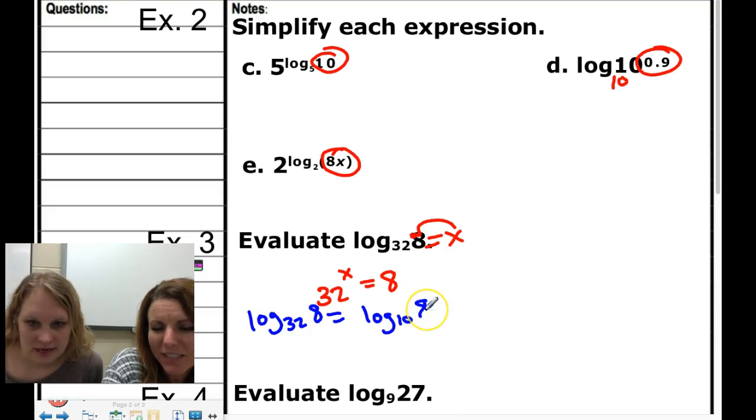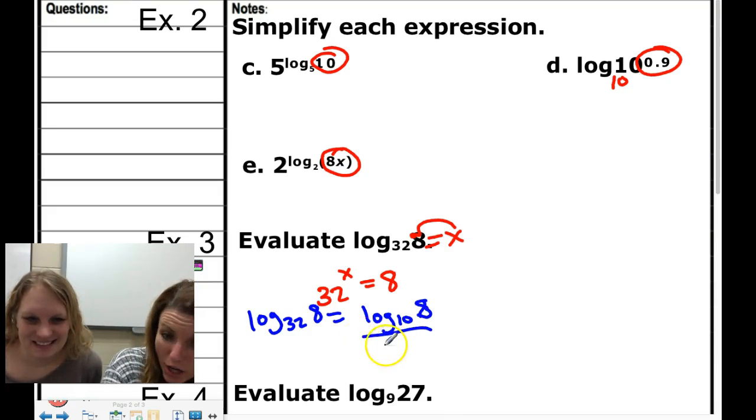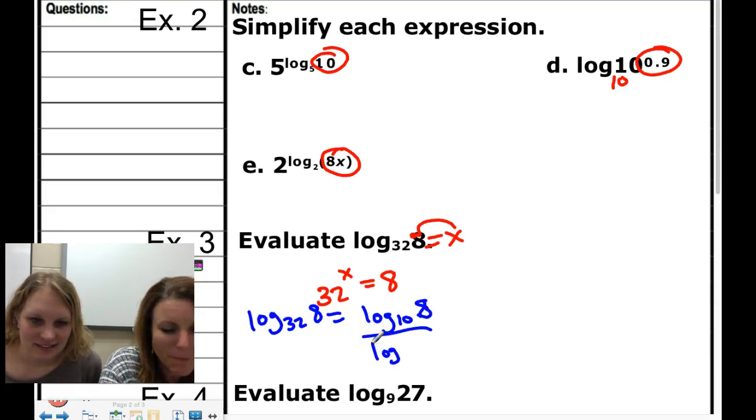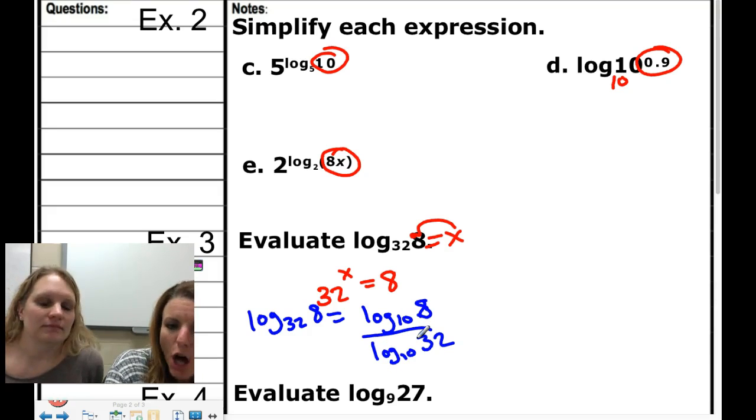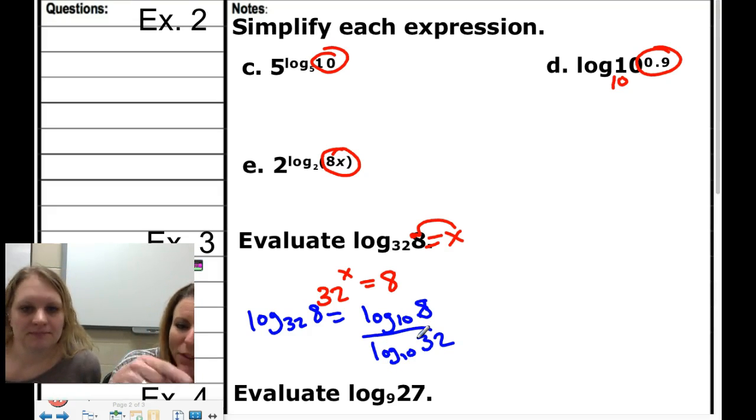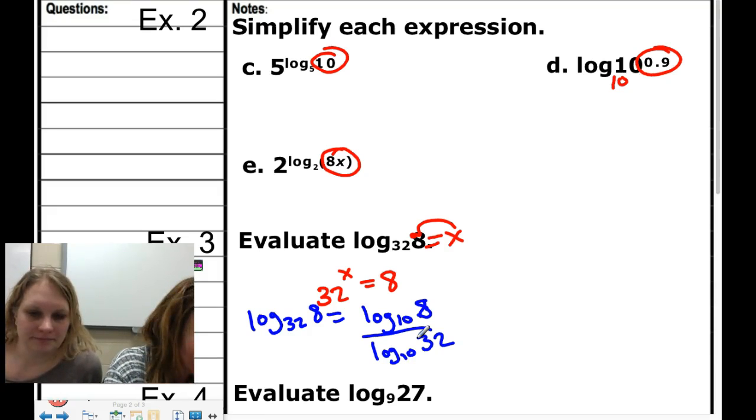So the whole thing is over log base 10 of 32. So we're always taking the bigger number, the log of 8, over the log of the old base, which is 32. All you need is a calculator. You type this into any calculator.